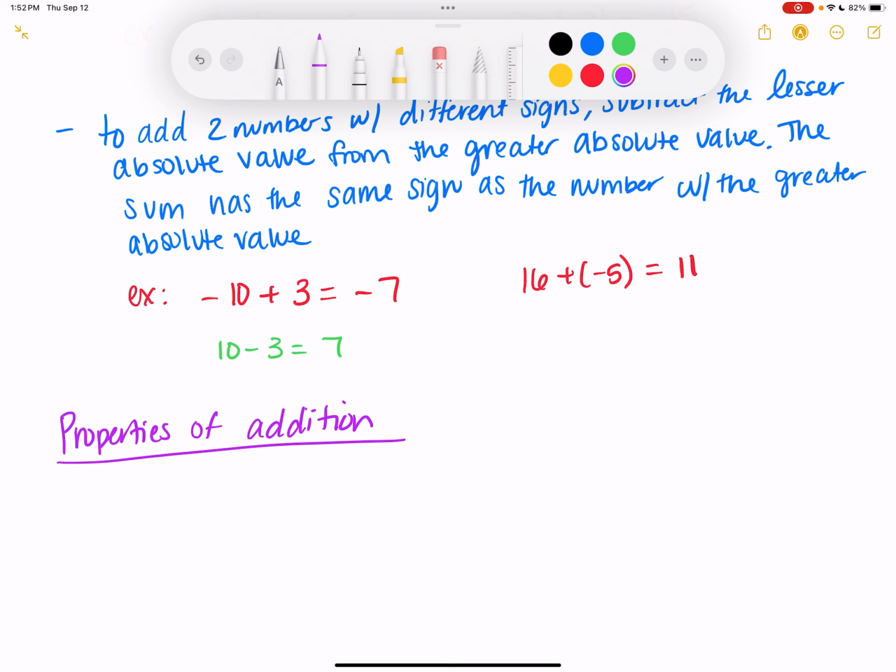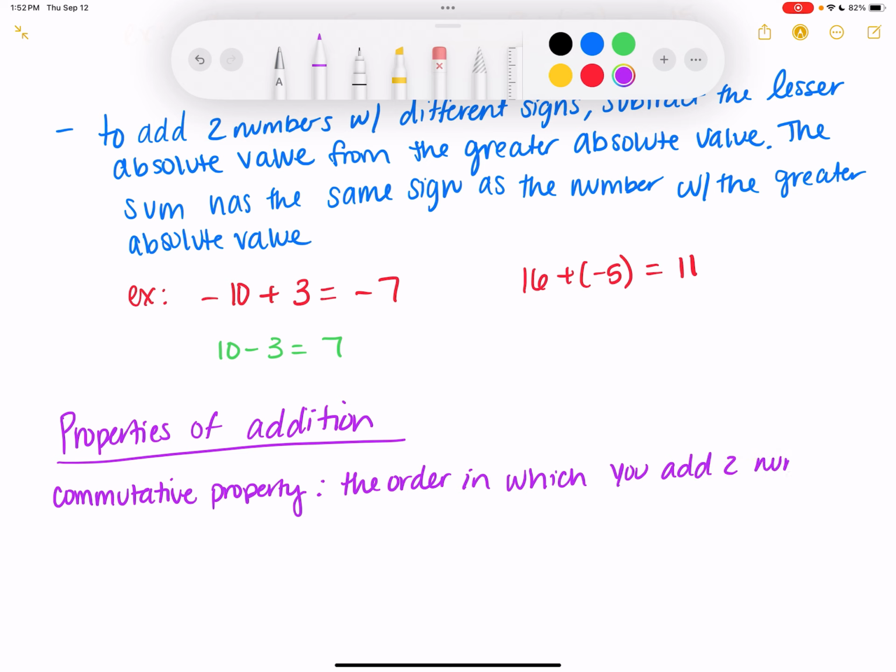The first one is the commutative property, which says the order in which you add two numbers does not change the sum.